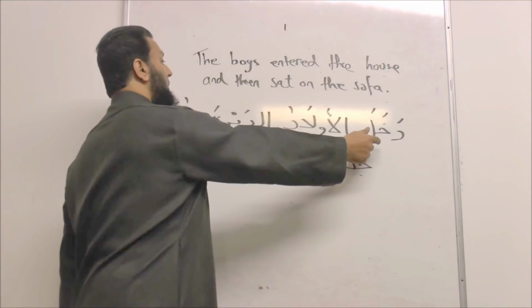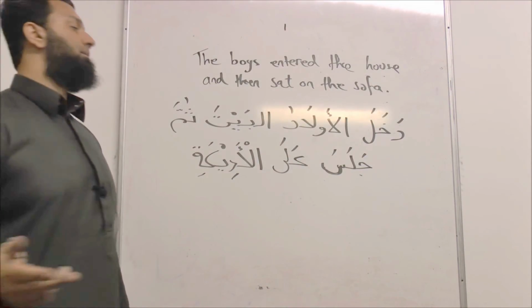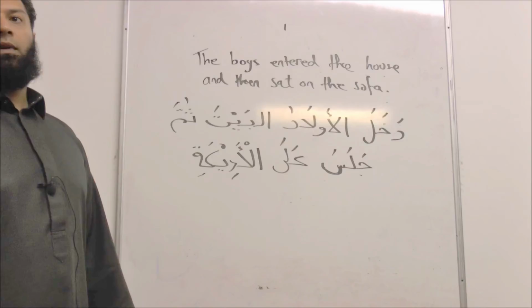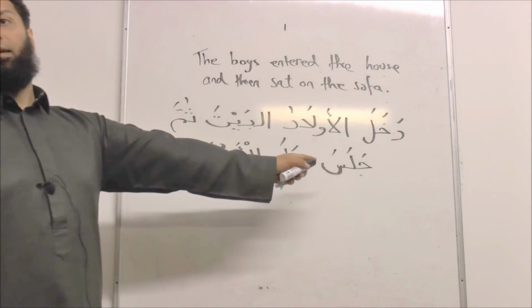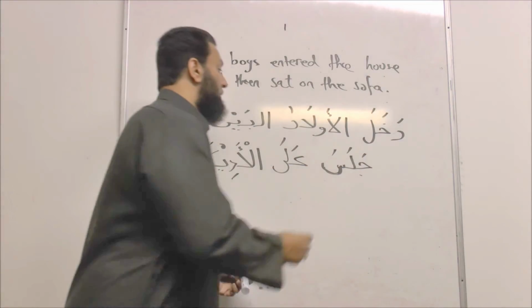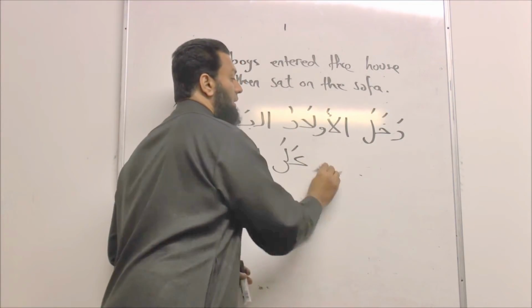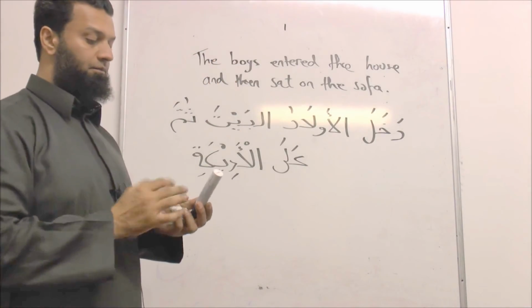So this part is correct. دخل الأولاد البيت, right? It has to be third person jalasa. Jalasa is third person. Has to be plural third person. So what is the plural third person of male of jalasa?